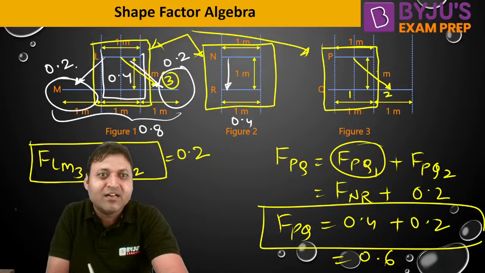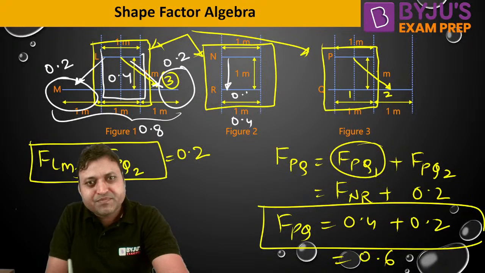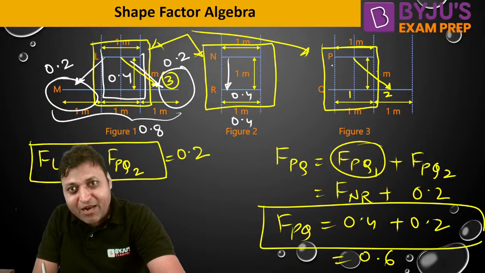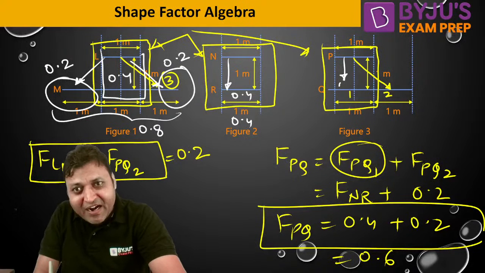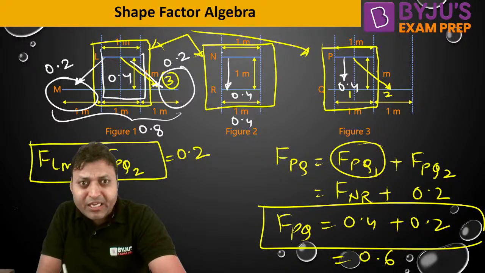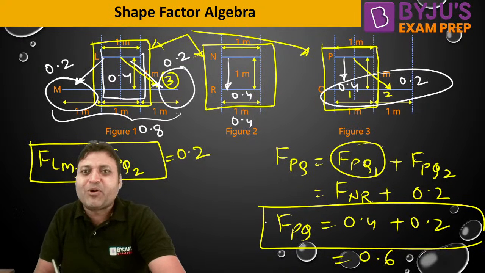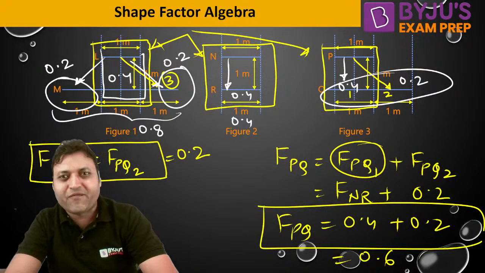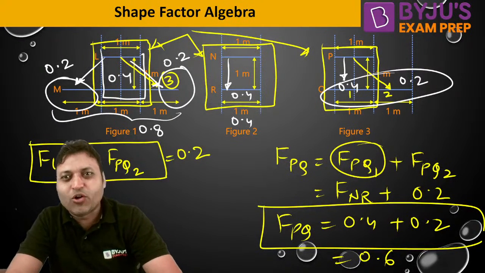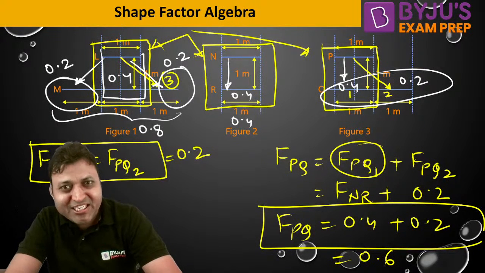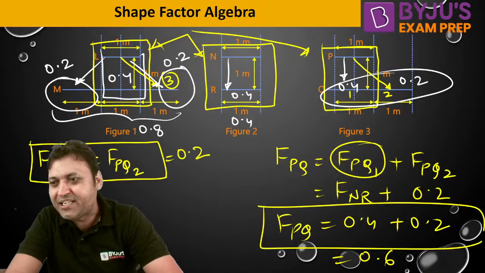Adding these together, we get the total shape factor from L to M as 0.2 plus 0.4 plus 0.2. Now again, for PQ, this shape factor is 0.4, equal to NR, and this shape factor will be 0.2. So 0.4 plus 0.2 gives the shape factor from P to Q as 0.6, because the dimensions are also the same, 1 meter each.